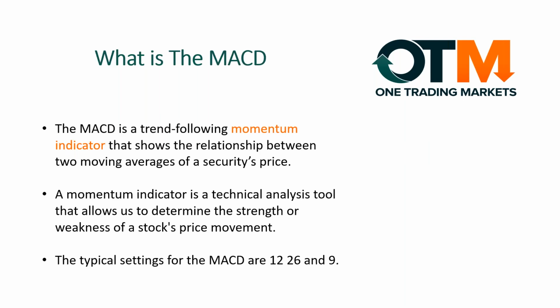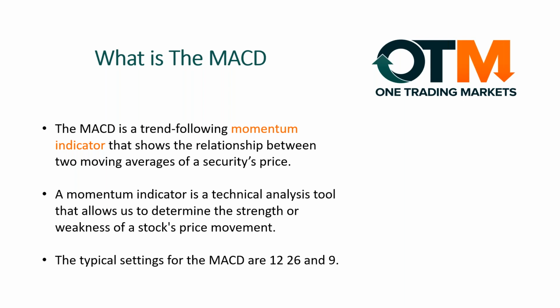Okay, let us start. So what is the MACD? The MACD is a trend following momentum indicator that shows you the relationship between two moving averages of a security price. If you remember in the last webinar we had, we explained what a moving average is, which is a line that shows the average price of a certain security or a stock or a crypto, or whatever market you're actually trading.